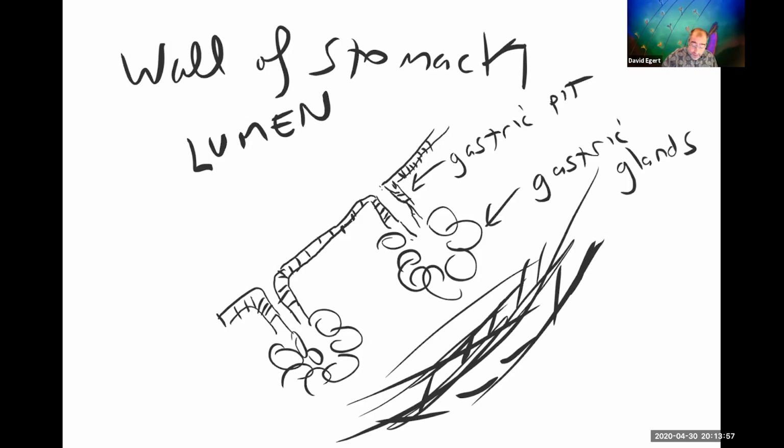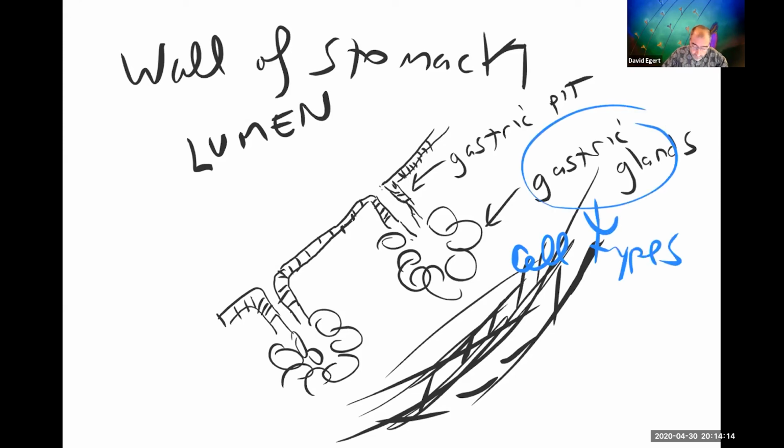So gastric glands, there are a few types of cells you need to know that you find down in the gastric glands. Cell types. One is what are called parietal cells.